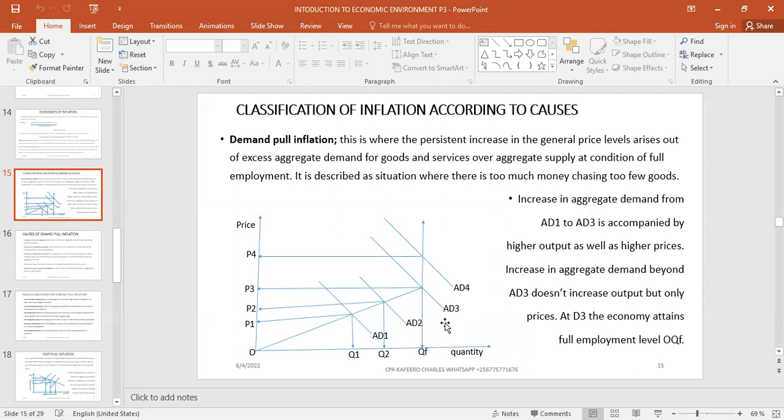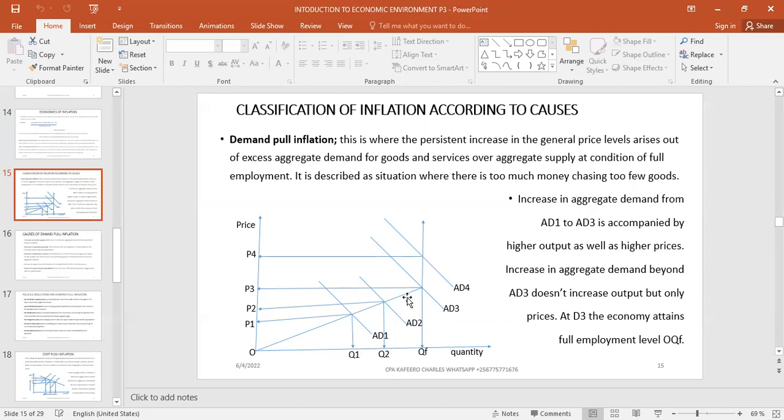So we are saying an increase in aggregate demand from AD1 to AD3 is accompanied by higher output, because you are also seeing that the output is changing from Q1 to QF. That's where the quantity is also increasing in that range.